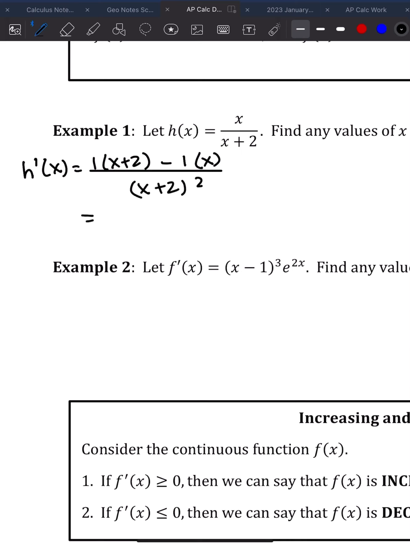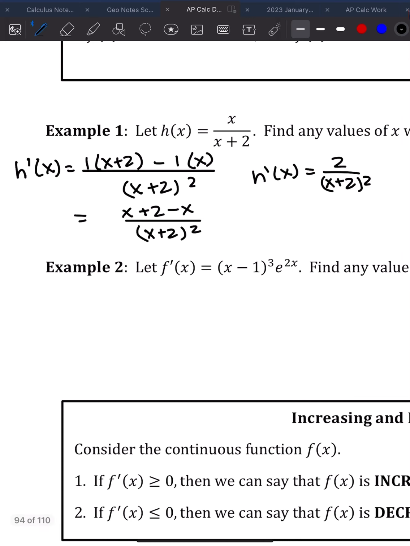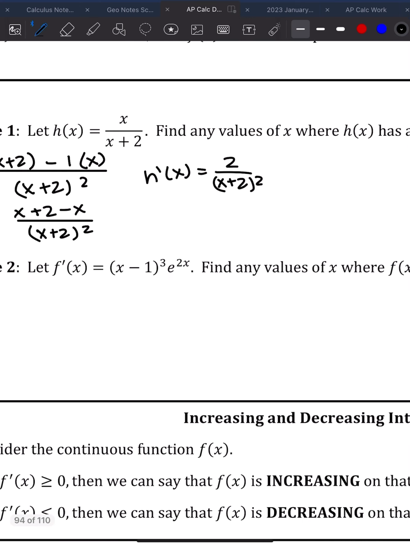This gives us x plus 2 minus x over x plus 2 squared, which gives us the fact that h prime of x is equal to 2 divided by x plus 2 squared. Okay, we want to know when this is going to equal 0.